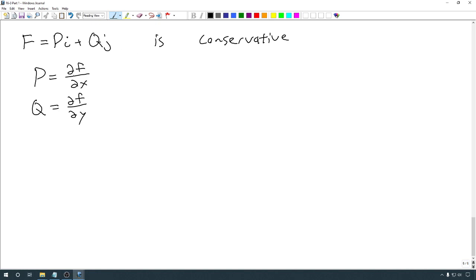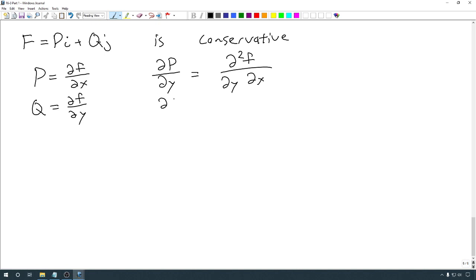Well, if we differentiate P with respect to x and Q with respect to y, then we're getting the not mixed partials. So those aren't really too helpful. The mixed partials are going to be a little bit more helpful to us. So we're going to look at the derivative of P with respect to y, the variable that we didn't differentiate to get P. That means we get the second derivative of little f, first with respect to x to get P, and then with respect to y.